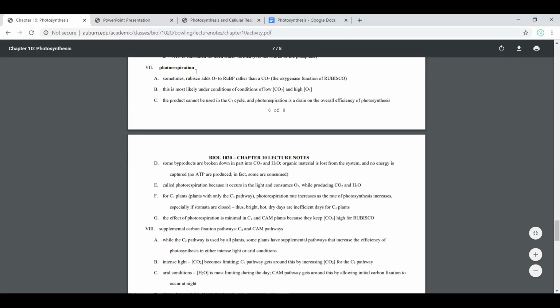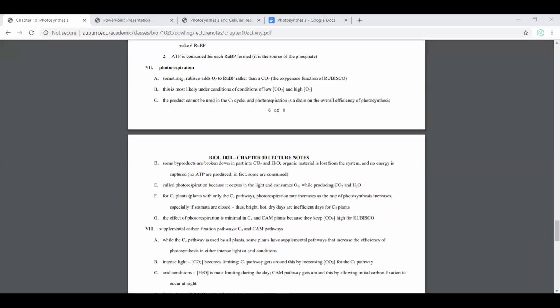Just breaking down the word photorespiration, we see that photo means light, and respiration, like cellular respiration, is taking in oxygen. And that's weird, right? Sometimes what actually happens is the Rubisco will, instead of adding CO2 and fixing CO2, bind to oxygen. Why would this happen?